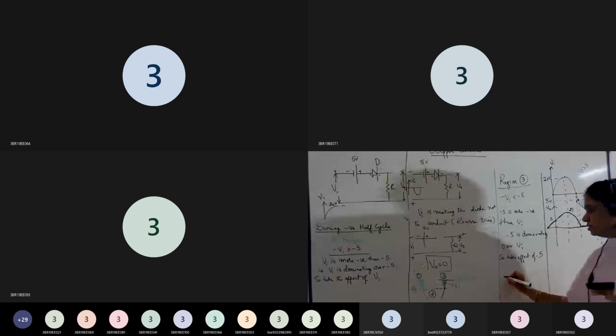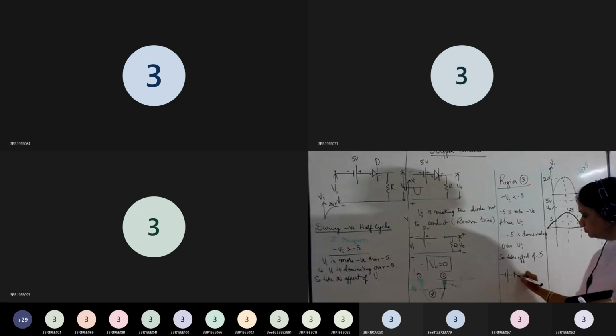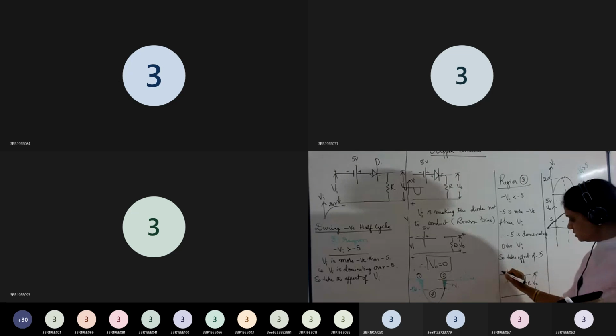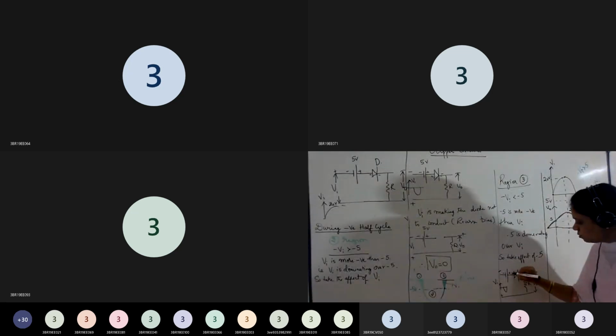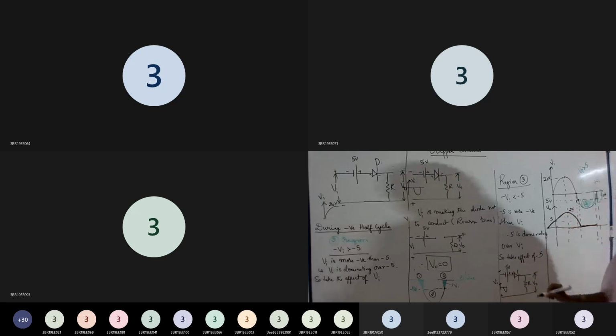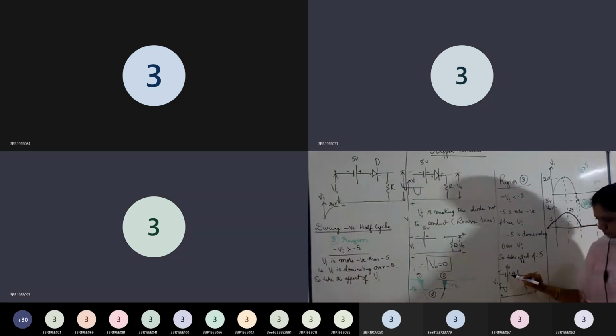Observe here how the circuit will be. Negative, positive. This is VI. Observe how this 5 volt battery is connected to the diode. Forward biased.